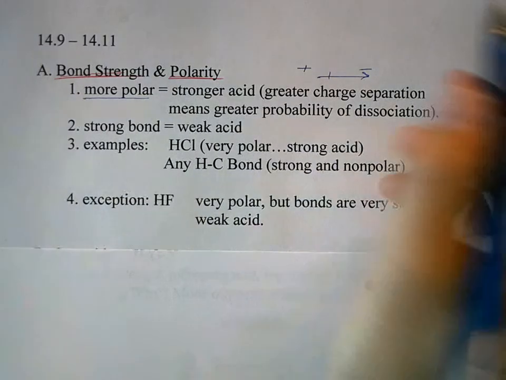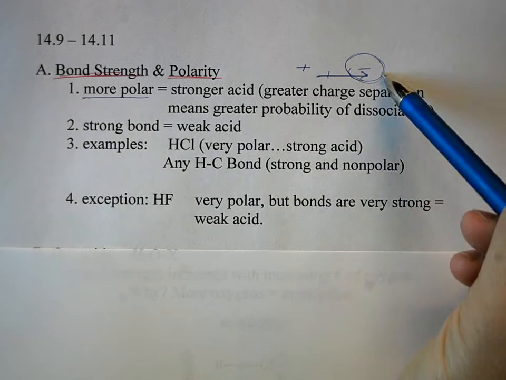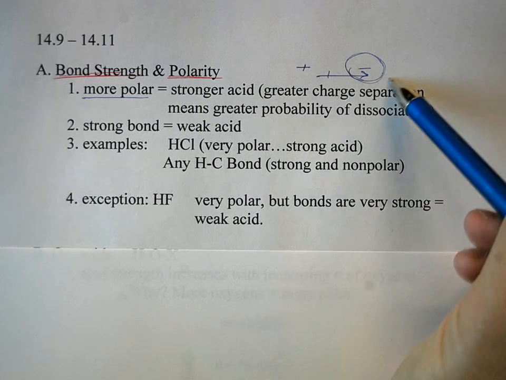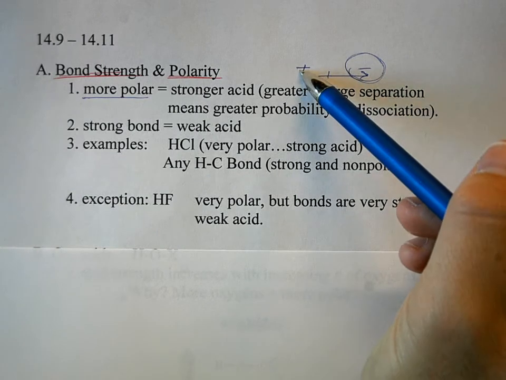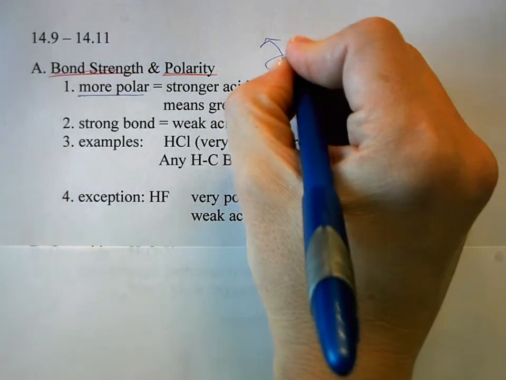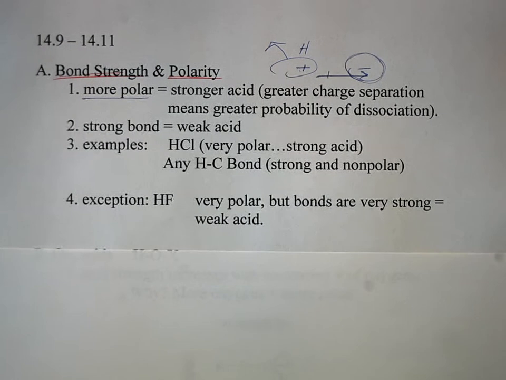If this negative end has a strong electronegativity, it's easier for it to win the tug of war for electrons, and so the hydrogen is just barely hanging on, and it'll just let go and dissociate into solution a lot easier for the more polar molecules.